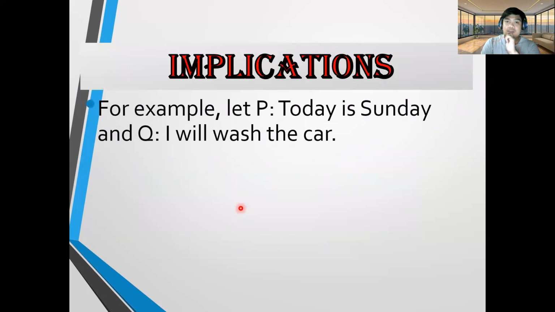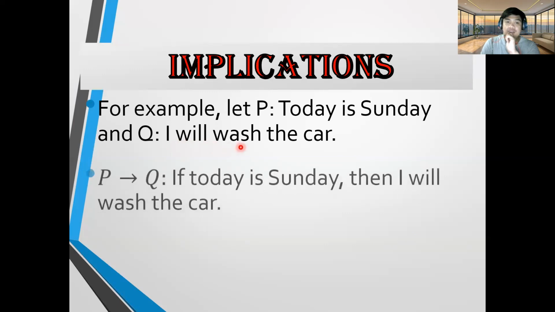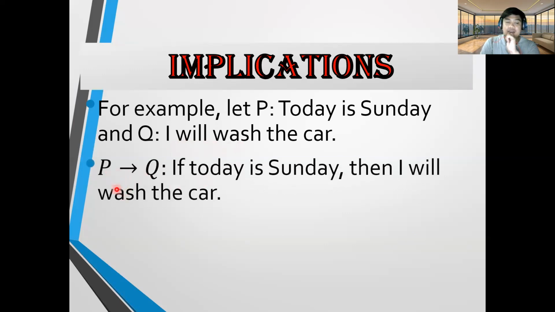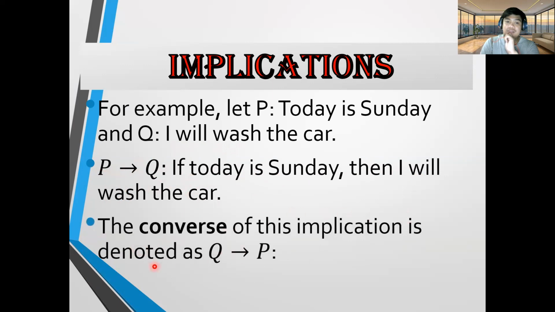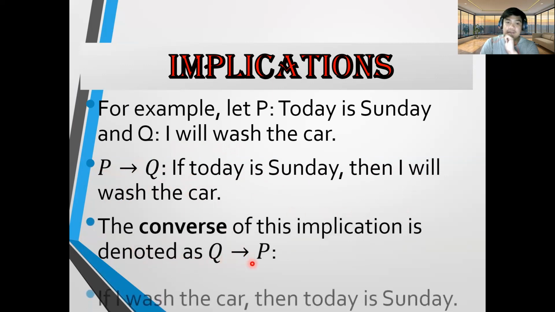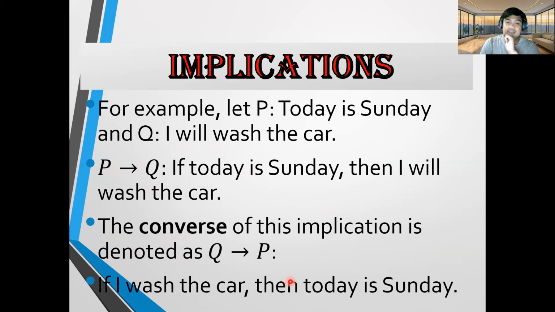So remember the truth table for implication. So for example, P: today is Sunday and Q: I will wash the car. If you're going to write that in symbols, P implies Q. If today is Sunday, then I will wash the car. Remember that implication is an if-then statement. If P, then Q. So the converse of this implication is denoted as Q implies P. If I wash the car today, then it is Sunday.